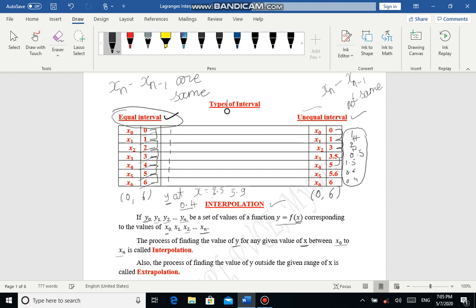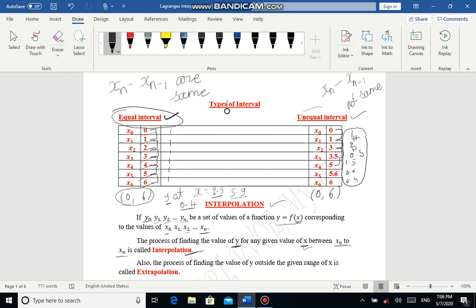So observe these values, 0.4, 2.5, 5.9 lie between 0 to 6. This process is called interpolation. Means finding the value of y for a given value of x where x lies between x0 to xn is called interpolation.